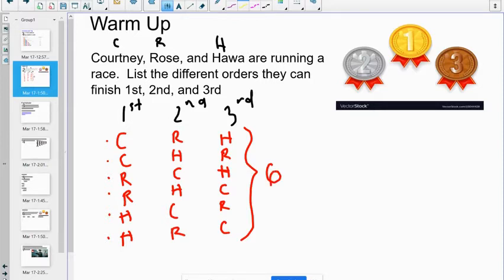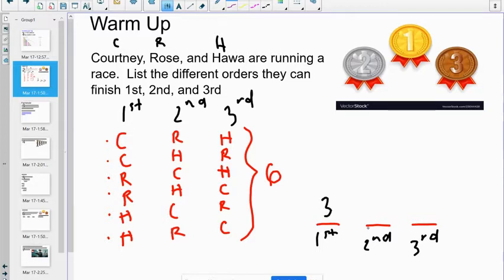So we have that 3. So for first place, second, and third place. Before anyone gets first place, you have 3 different options for people. So let's just say there's 3 people that could get first place.